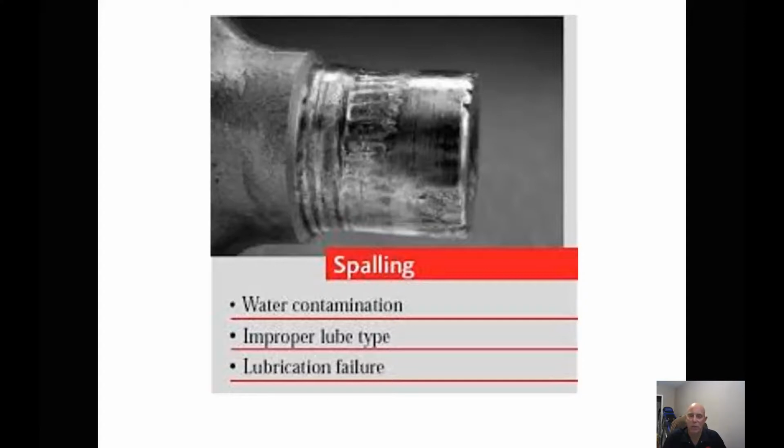So summer grease is a little thicker, and winter grease is a little thinner. So if we use winter grease in the summertime, the viscosity of the grease might not be enough to lubricate these trunnions, and we could get premature wear. So making sure that we change up our grease between summer and winter.